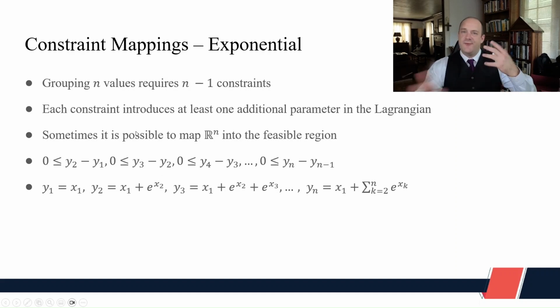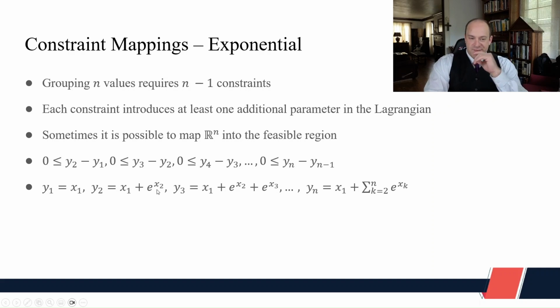And so I'm going to reformulate my problem in the following way: you can hand me any vector you want from Rn, and here's what I'm going to do with it. I'm going to take the first component as whatever it is. But then the second component is going to be the first component, x1, plus the exponentiation of x2.